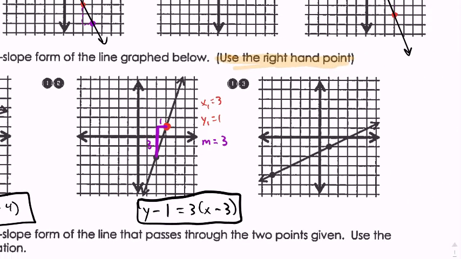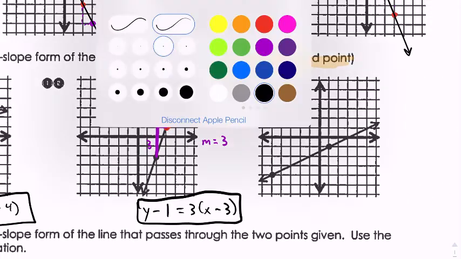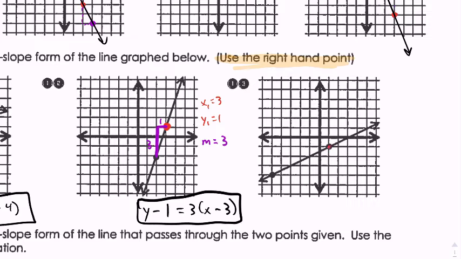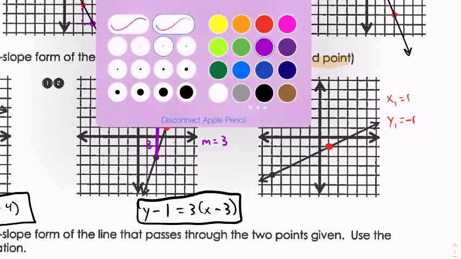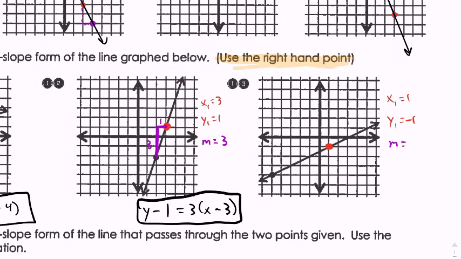Okay. And our last graphing problem, this is the right-hand point, and that is at the point 1, -1. So x1 is 1, y1 is -1. And then you have to find the slope. So they give you this left point, and you have to find the rise and the run.